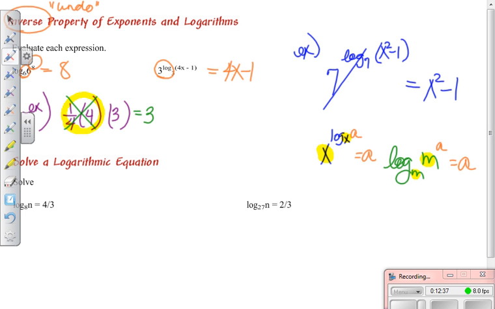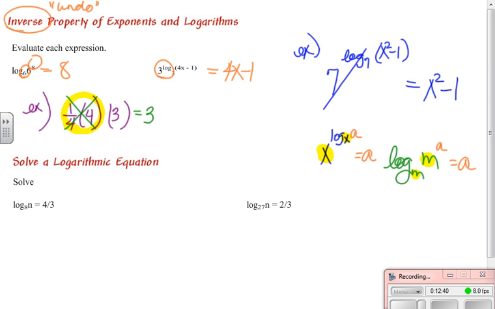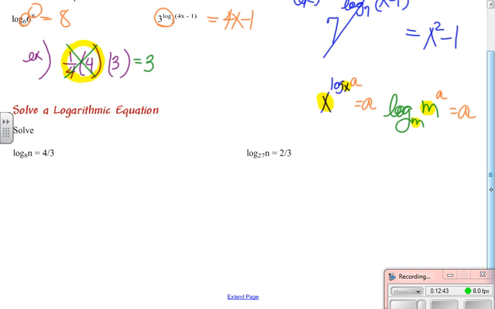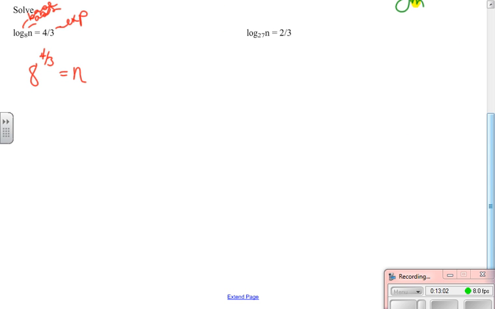So when we look at some more examples in solving situations, remember again, this is my base, this is my answer, this is my exponent. So I'm going to rewrite this as 8 to the 4/3 power equals n. Now 4/3 power is kind of difficult to deal with, so I'm going to rewrite this as 8 to the 1/3 to the 4th, because I know from exponent rules that x to the mn is a power to a power.